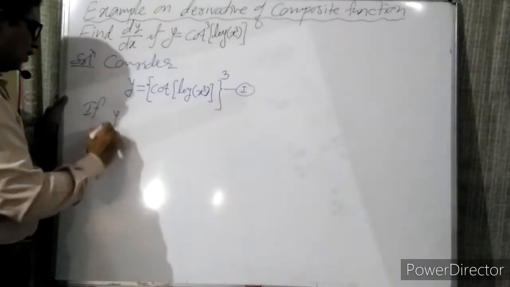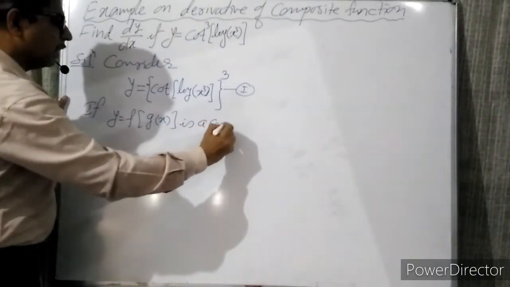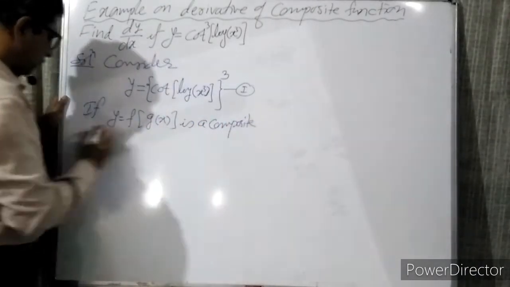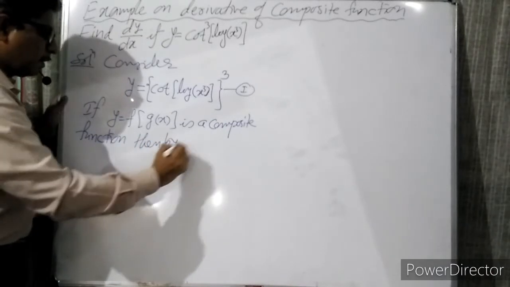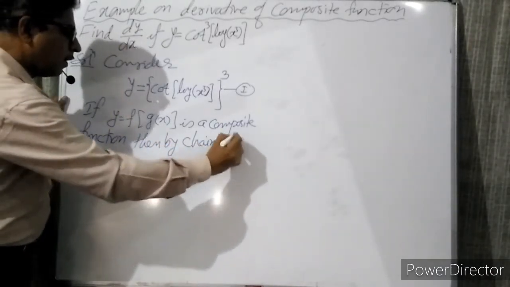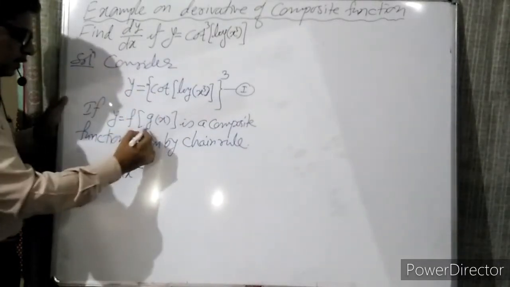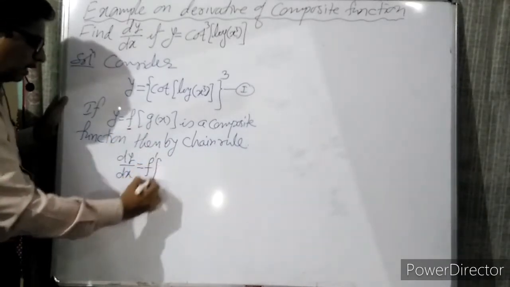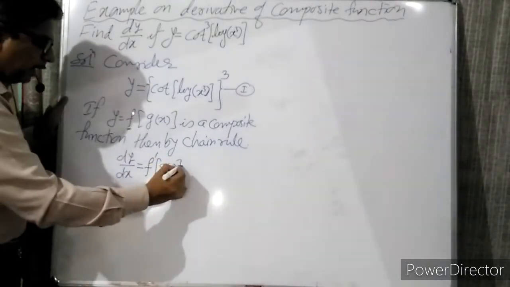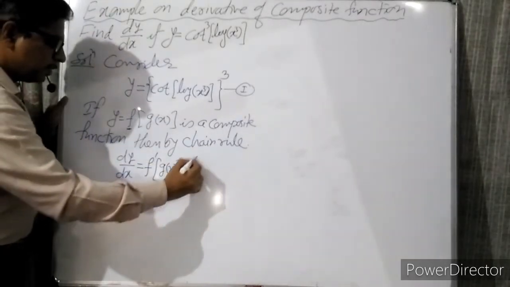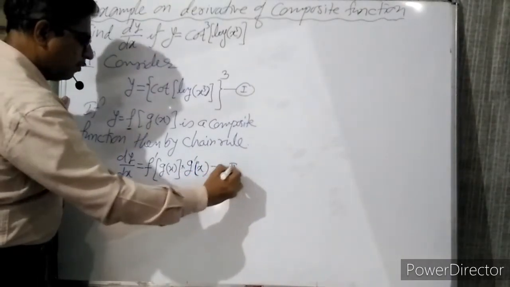If y is equal to f of g of x is a composite function, then by chain rule we are getting dy by dx is equal to derivative of outer function f dash into, you have to write the inner function as g of x, and now remove the outer function and multiply by derivative of inner function, it is g dash of x. So I will consider this as the formula.